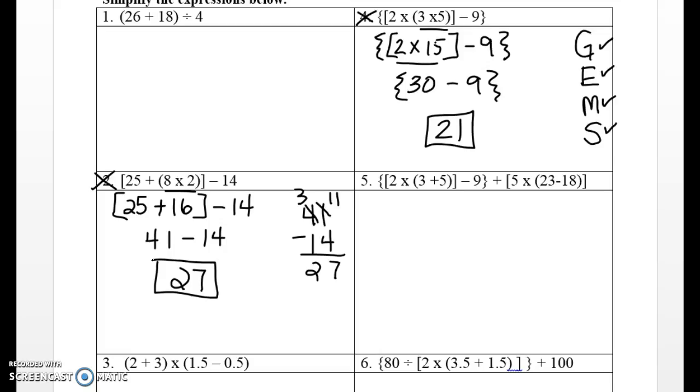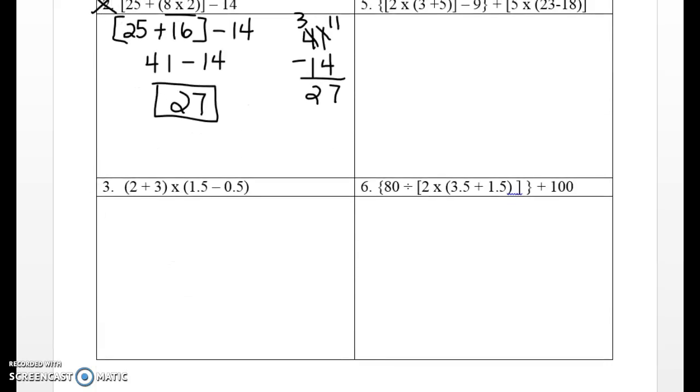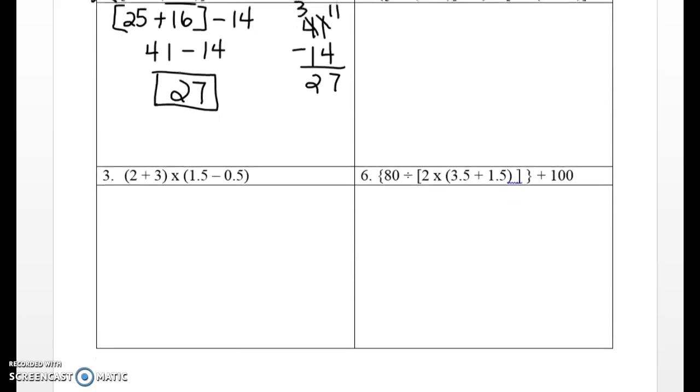Again, if you notice that I make a mistake or something as we get through it, please make sure you let me know. Alright, number 6. Now this is one of the ones that had decimals, but again, we're not going to worry about it. 3.5 plus 1.5 is 5.0, or you can just leave it as 5. Make it easy on yourself so the decimal doesn't throw you off.